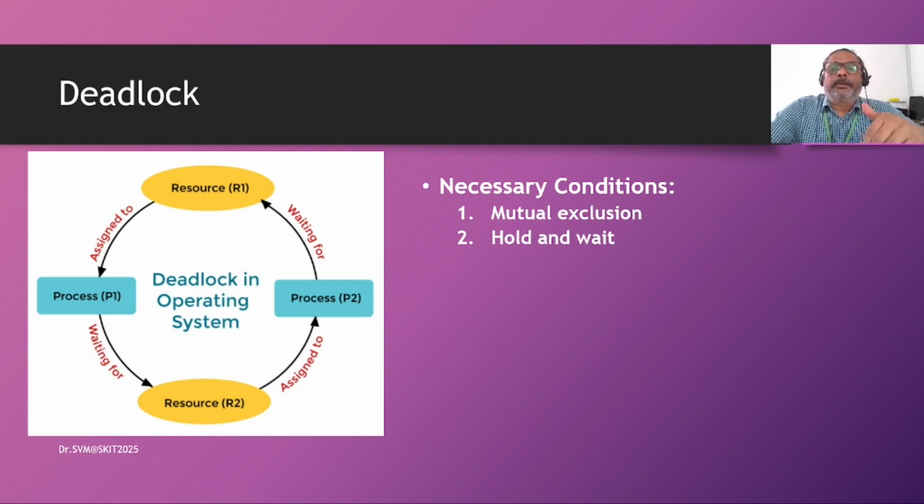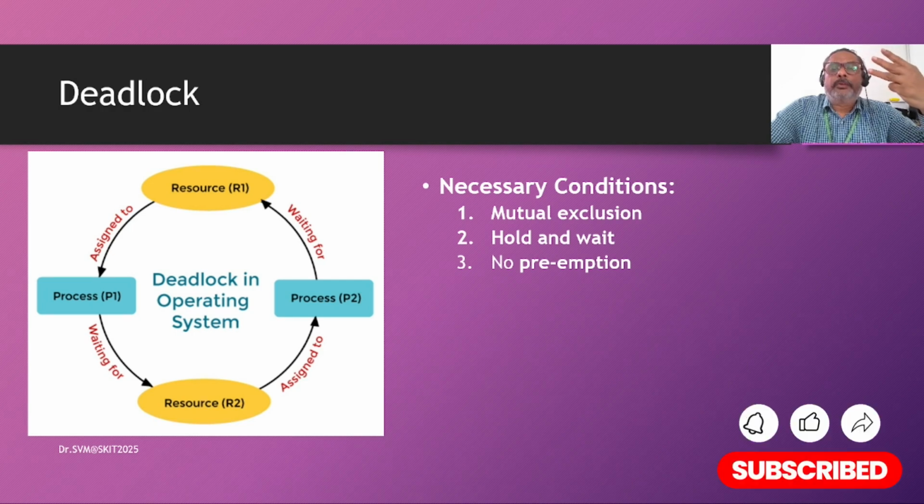But the problem during this wait is that the resources this process was already holding remain with it, and until the process releases them they cannot be used by others. So hold and wait is the second problem which may lead to deadlock.